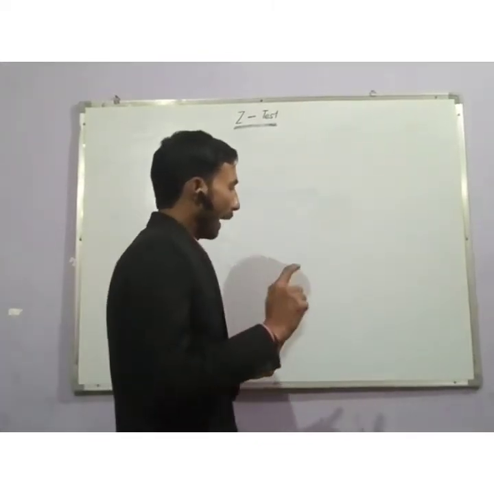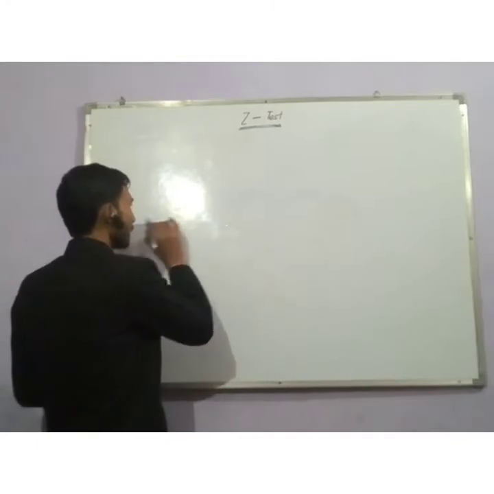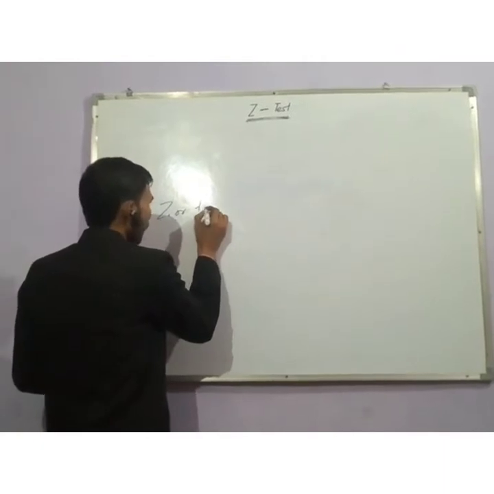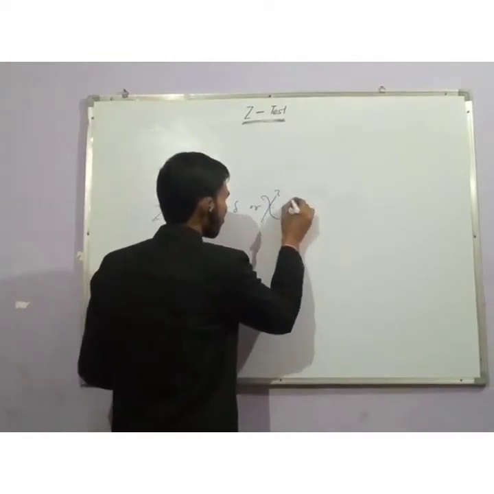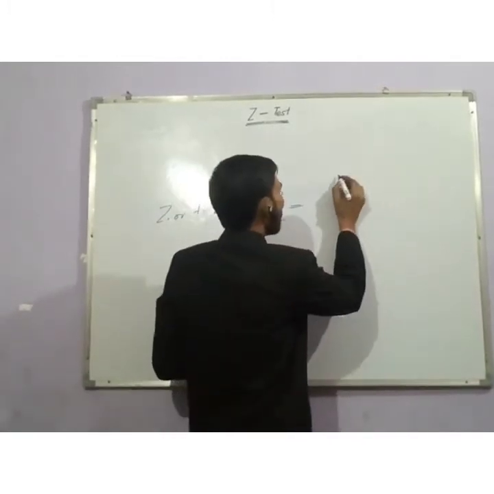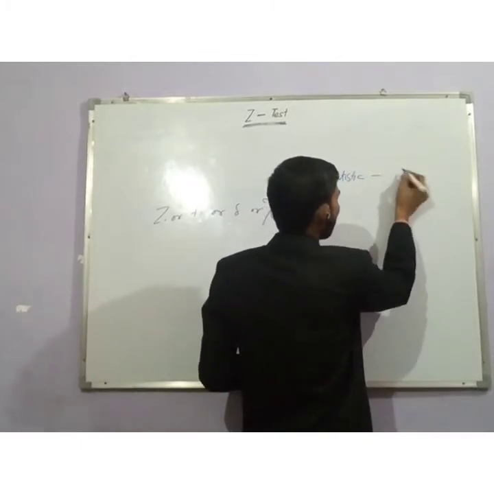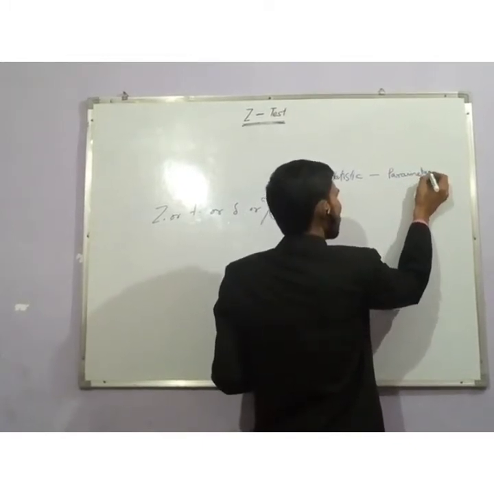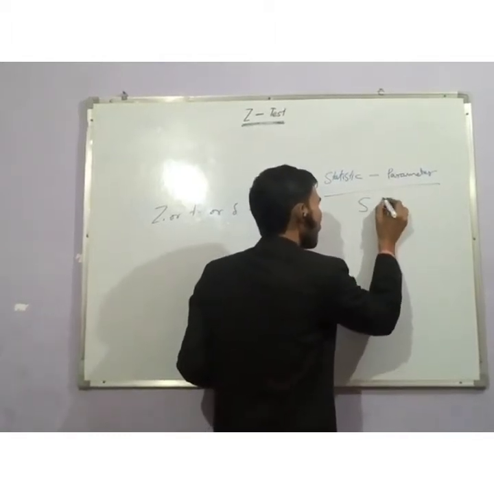Dear students, any test statistic, suppose Z or T or F or chi-square, follows this formula: statistic minus parameter, divided by its standard error.